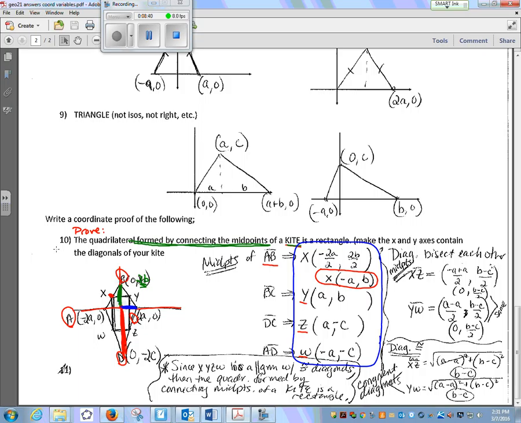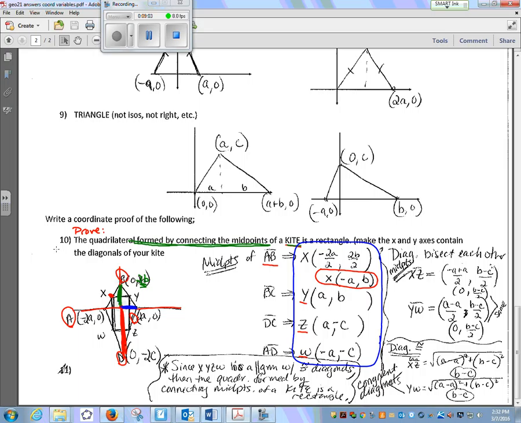Exactly. So either way, if we're going to show the diagonals are congruent, we have to show it's a parallelogram first. Can't go straight to diagonals congruent. Show it's a parallelogram first, and then show the diagonals are congruent. Or you can show that all four are right angles.